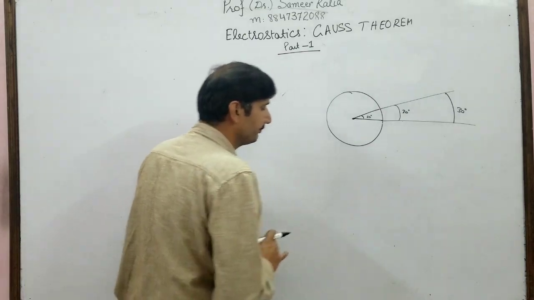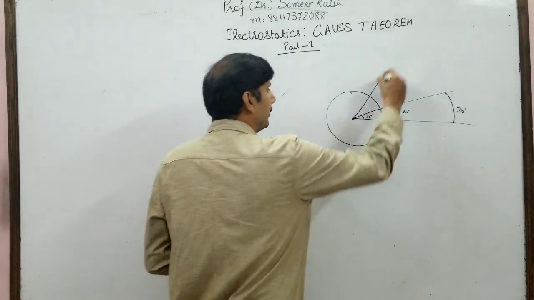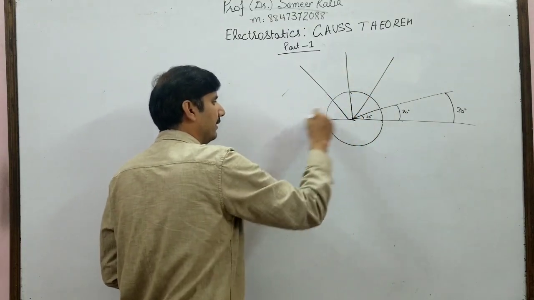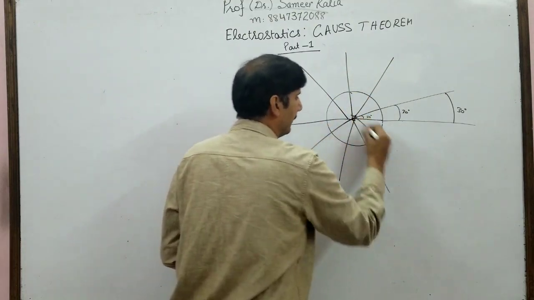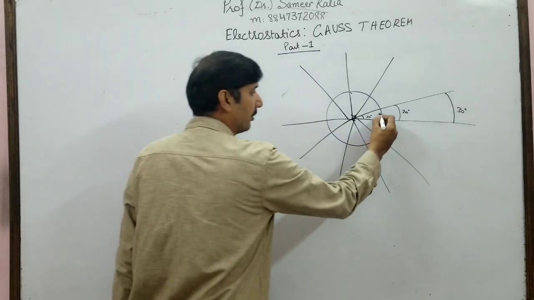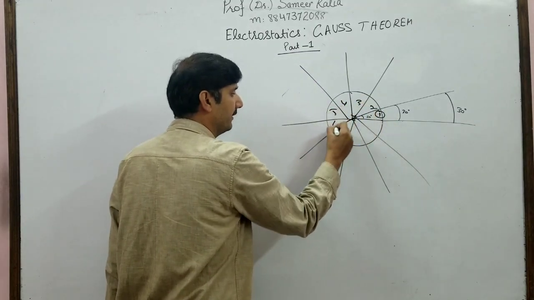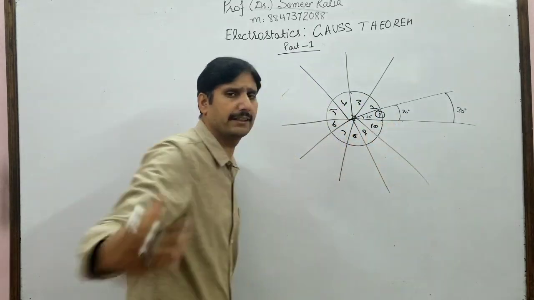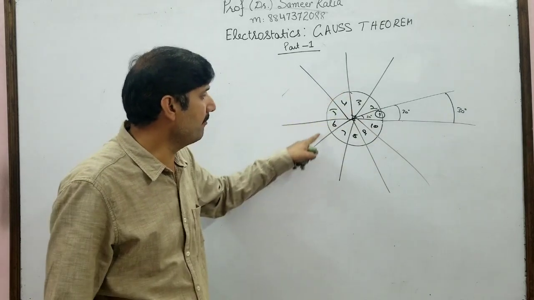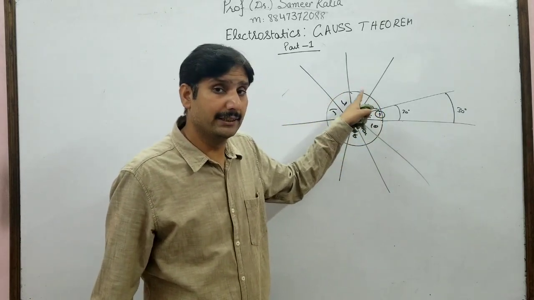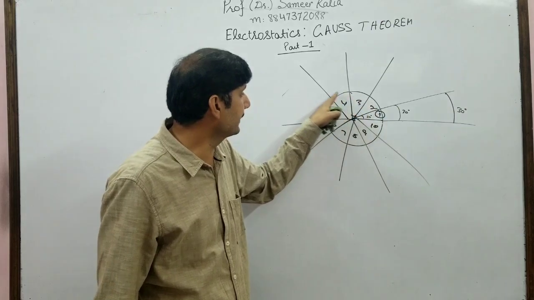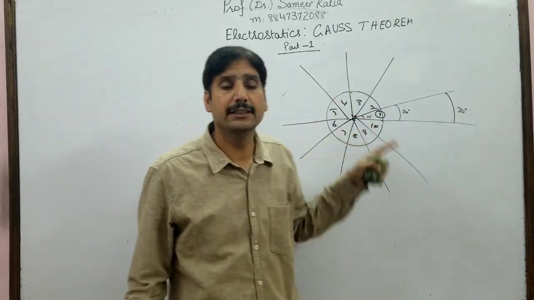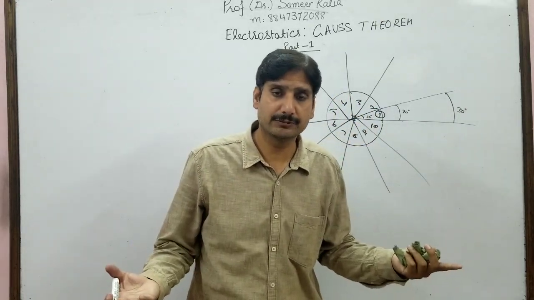Let's assume now you have got different sections. Section number 1, 2, 3, 4, 5, 6, 7, 8, 9 and 10. That's for the second example. Now what is the sum of total angles which these sections are subtending at the center? You know, it is 2 pi radians or 360 degrees.